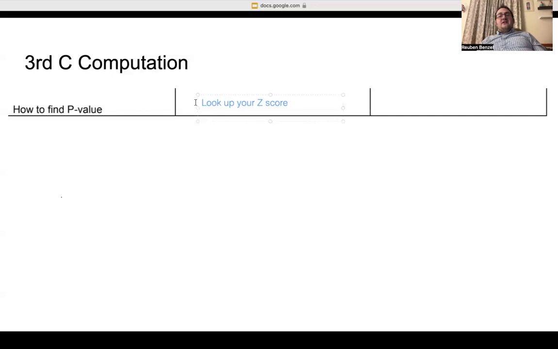And you're going to pay attention to whether you're shading above or below. If you are shading above, you do 1 minus the p-value on your table. And if you're shading below, the z-score gives you your p-value.